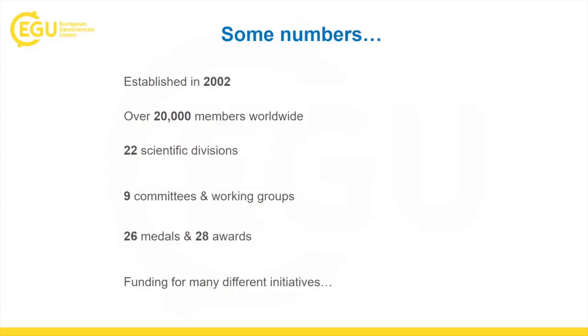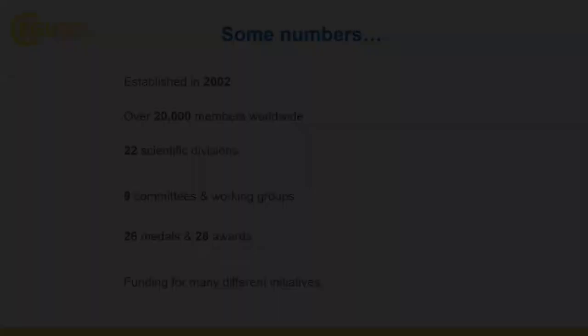We have 9 committees plus working groups, and these are cross-cutting committees that deal with things related to, for example, education or inclusion, or even science and policy. We also offer 26 medals and 28 awards, which give recognition across a diverse range of topics, and funding for many, many different initiatives. We'll get more into that soon.